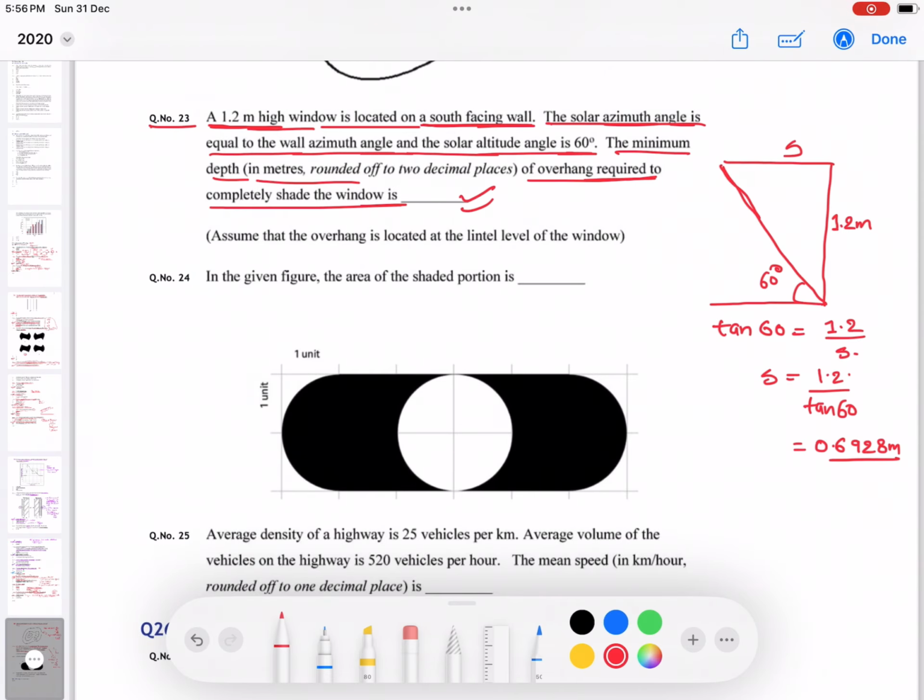So you can put the value here and you get the answer, 0.6928 meters. And also, if you don't remember the tan value, you can use this table of sine, cos and tan.